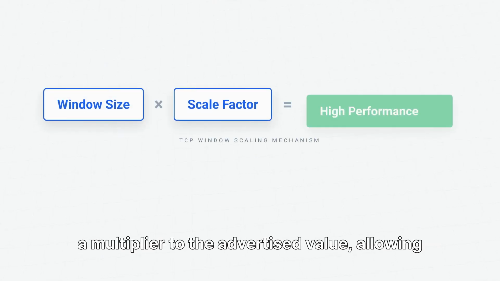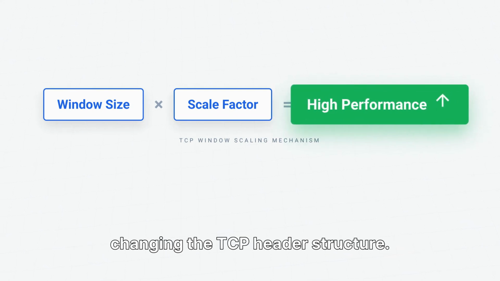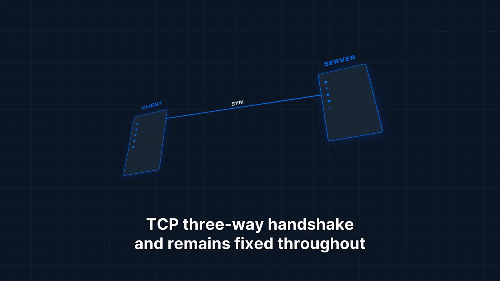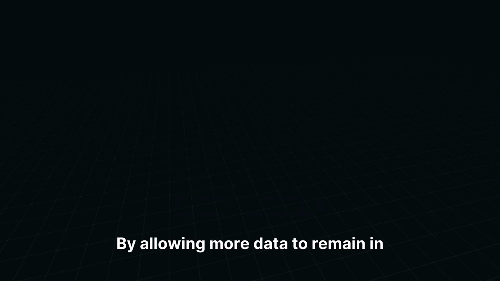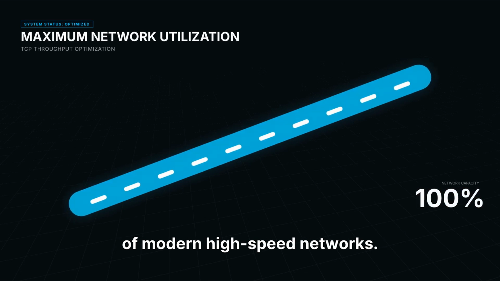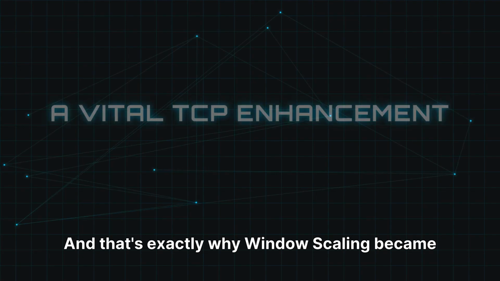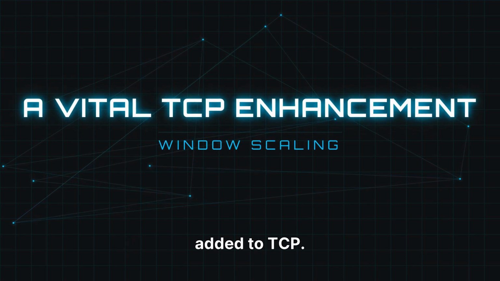Window scaling solves this problem by applying a multiplier to the advertised value, allowing a much larger effective receive window without changing the TCP header structure. The scale factor is negotiated during the TCP three-way handshake and remains fixed throughout the session. By allowing more data to remain in flight, TCP can make far better use of modern high-speed networks. And that's exactly why window scaling became one of the most important enhancements ever added to TCP.